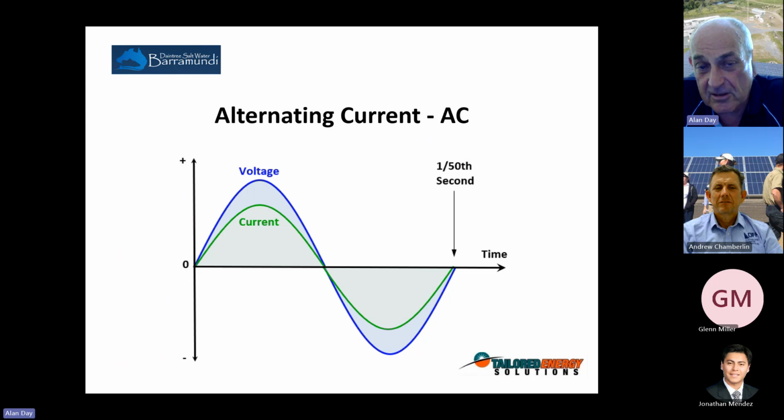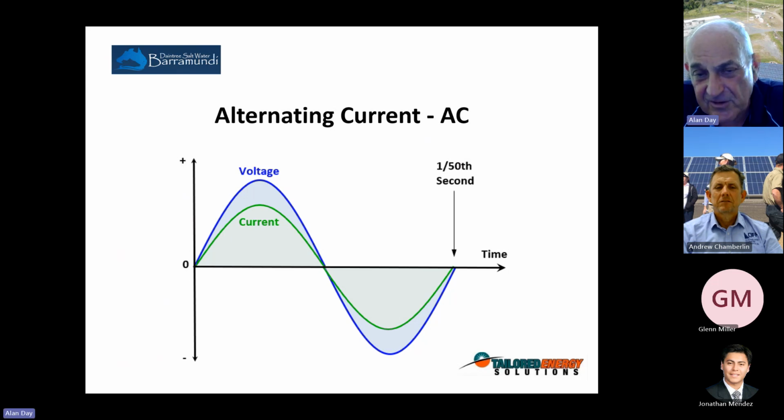The voltage goes in phase with the current from positive to negative, and they align perfectly. This is what happens if you have a simple resistive load, something like an electric kettle or a toaster, where it really is a simple load.